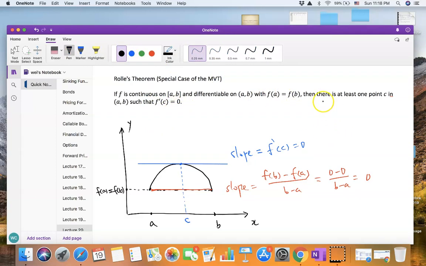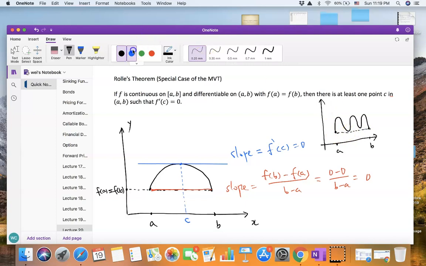Let me draw another graph. On that graph, we have multiple points. So if the graph or function looks like this, okay, again, at a and at b, the function values are the same.